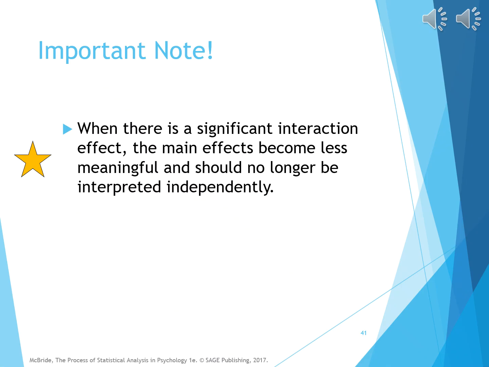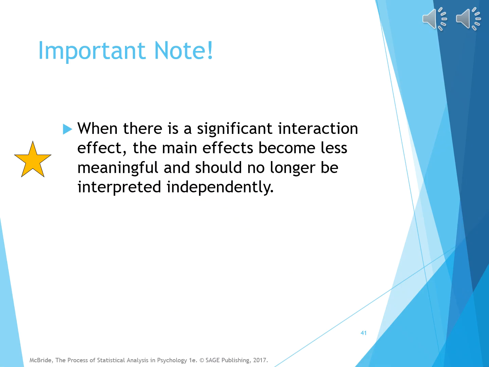Now here's a really important note. The first thing you should look for when you're doing a factorial ANOVA, so more than a one-way ANOVA, a two-way ANOVA, three-way, four-way, whatever, is the interaction terms. You should always look for them first and see if they're significant.